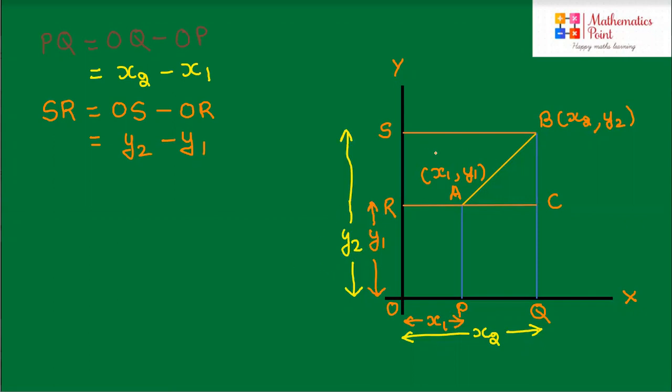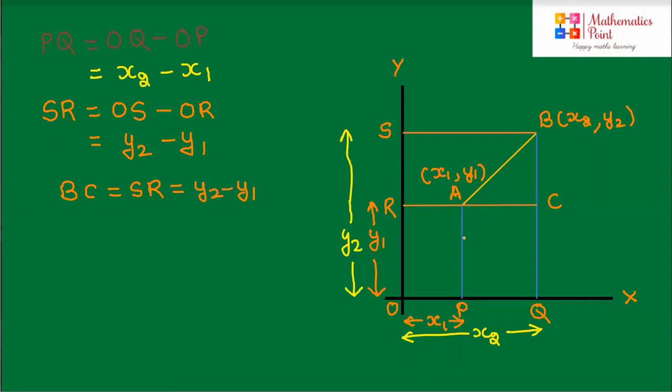Now, as you can see over here, CR and SB are parallel to each other, and the distance between parallel lines is always the same. That means BC will be the same as SR, which will be equal to y2 minus y1.